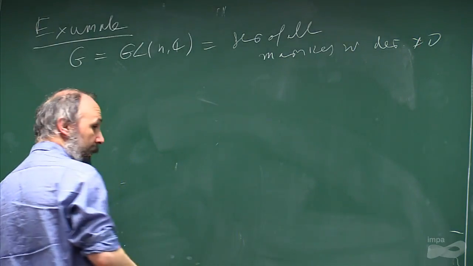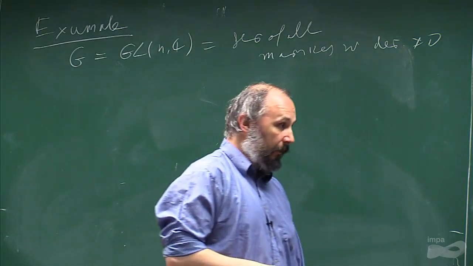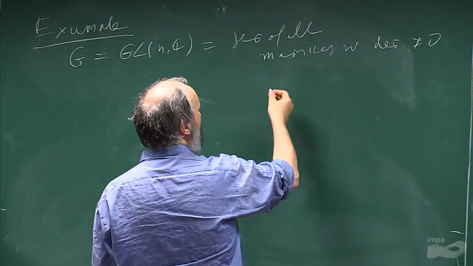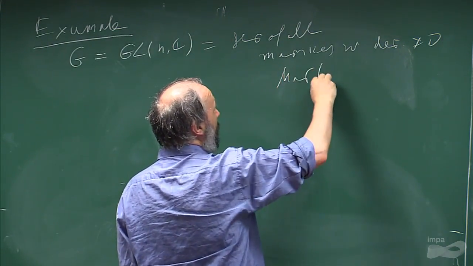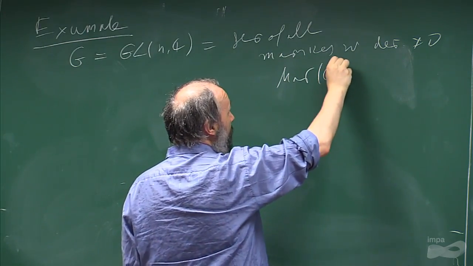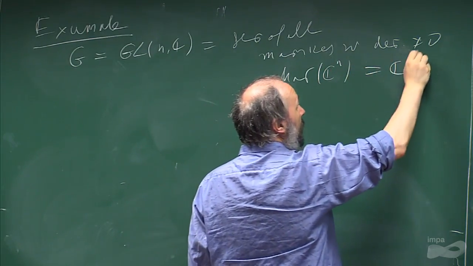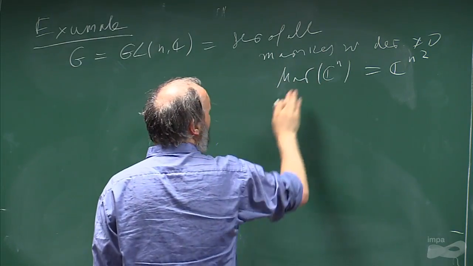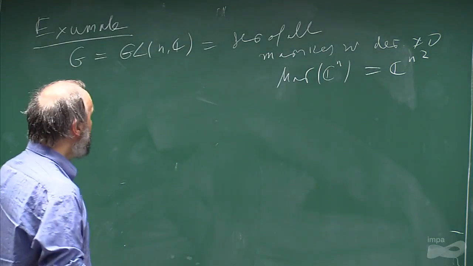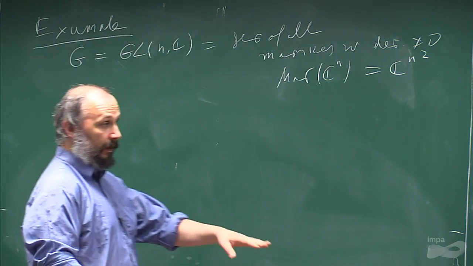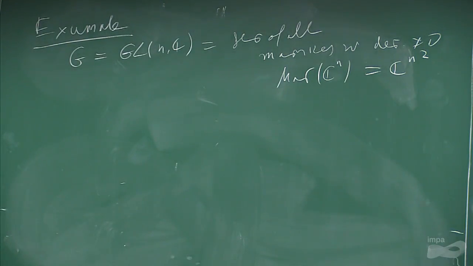Okay, so we removed a divisor from a set of matrices. Matrices are C^{n^2}, and this determinant equals 0 is a divisor, so how do you represent it? The same way as we did here.